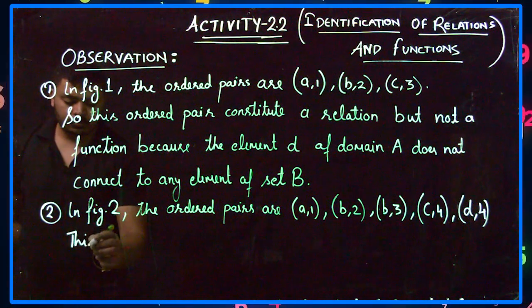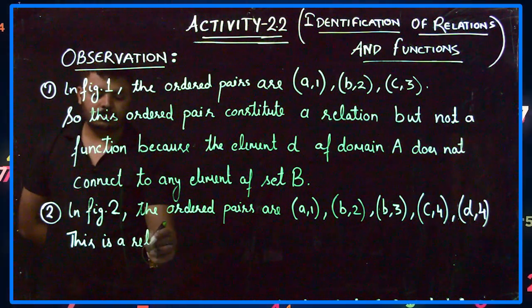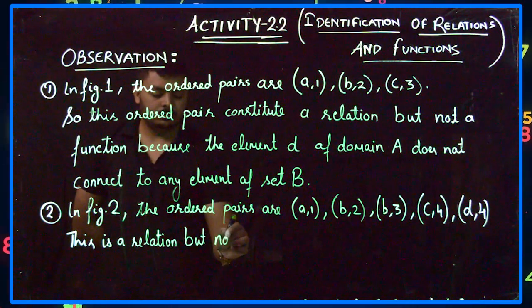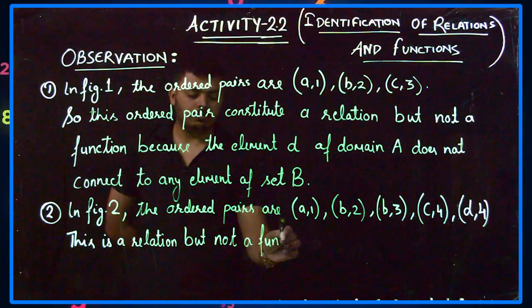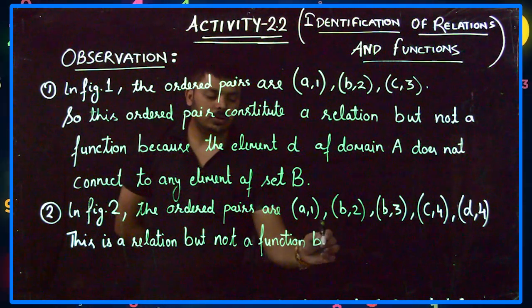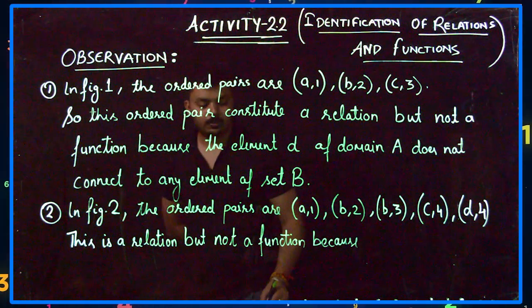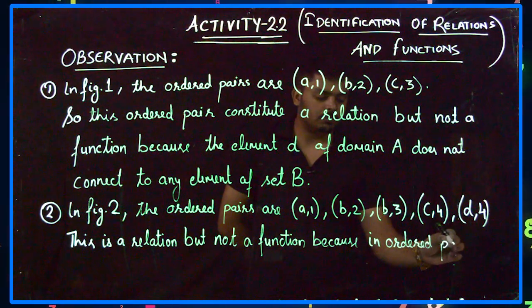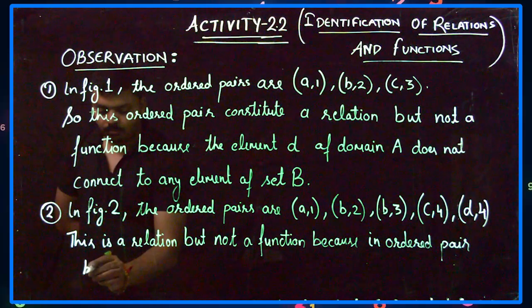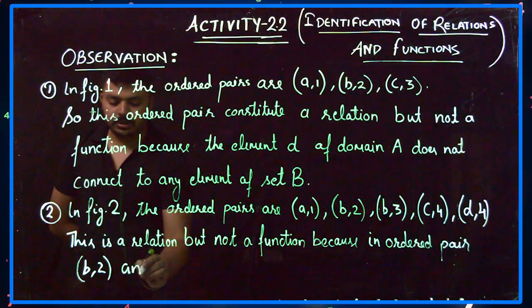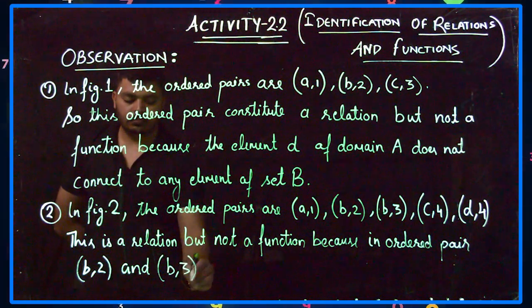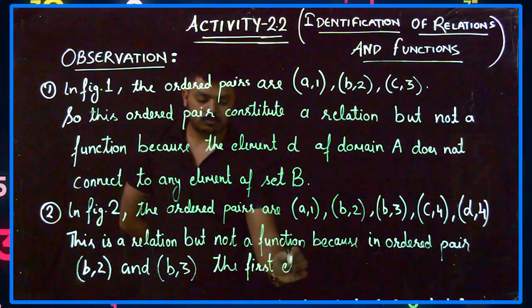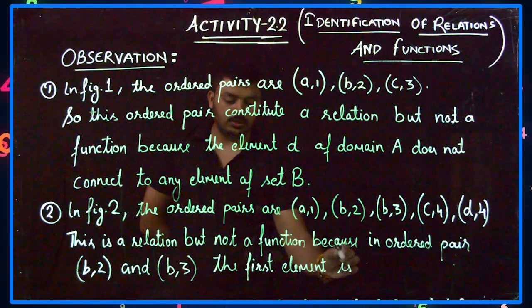So this is a relation but not a function because in the ordered pairs B2 and B3, the first element is repeated.